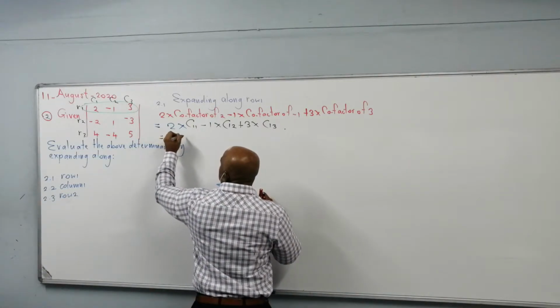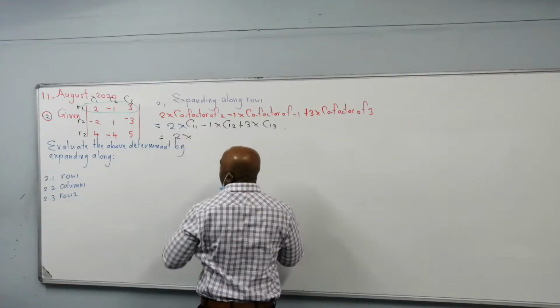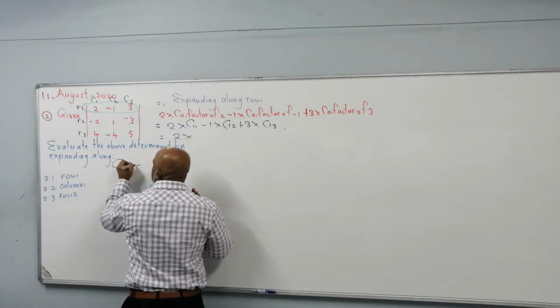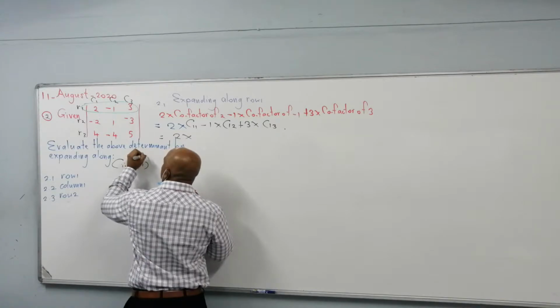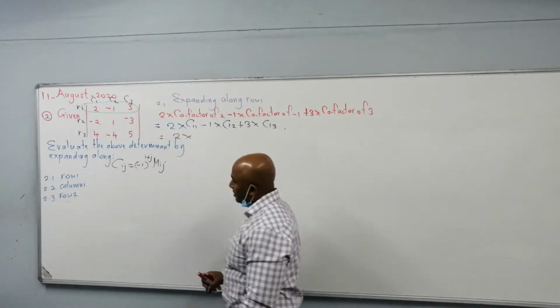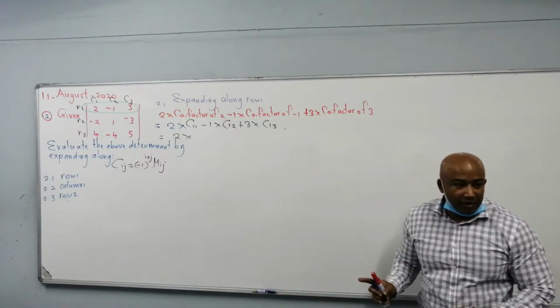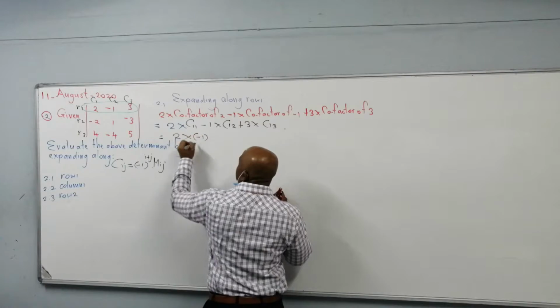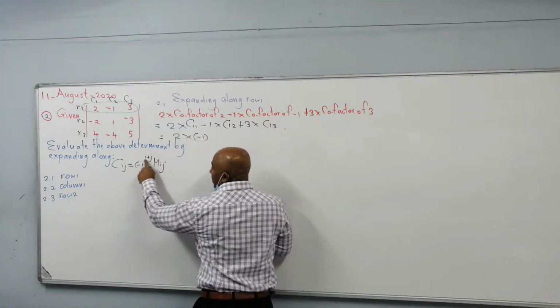So this is going to be 2 times C11. We know the formula for cofactor is Cij is equal to minus 1 to the power i plus j times Mij. Okay, so I'm going to do it in one step now. So I'm going to go minus 1 in brackets to the power i plus j.